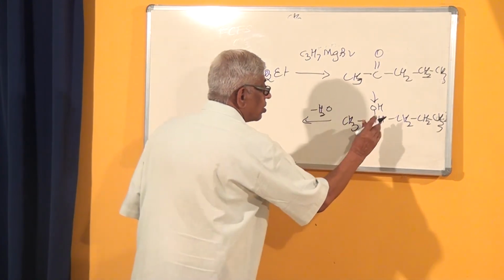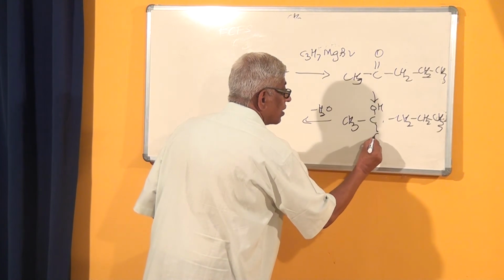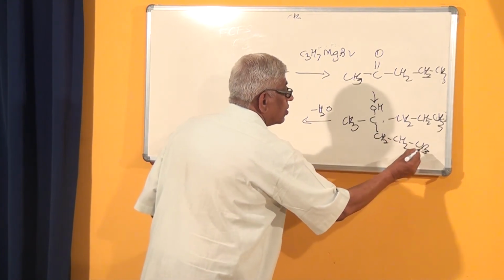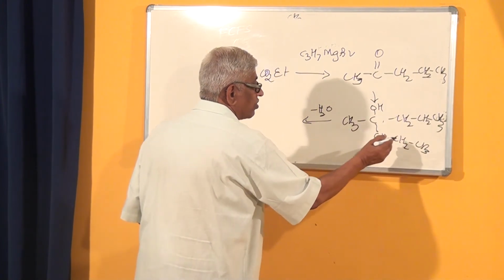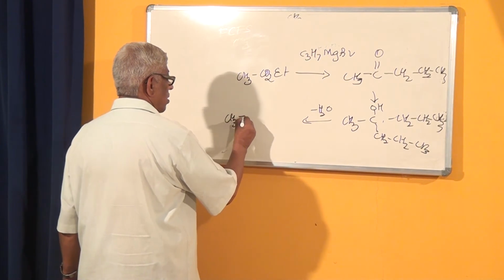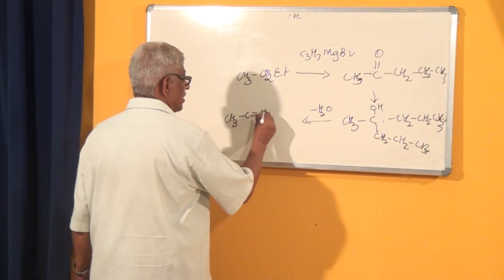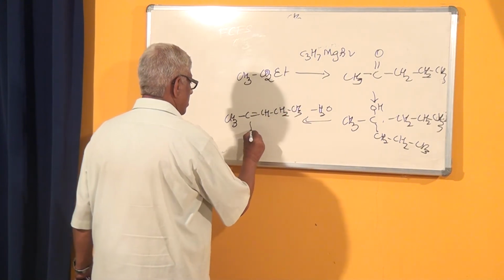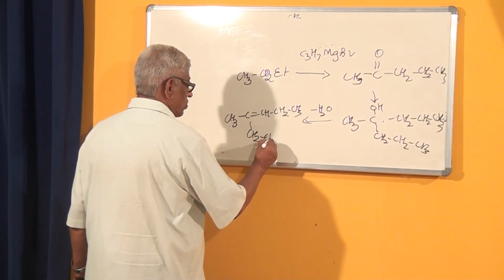One more: CH2, CH2, CH2, CH3. So 1, 2, 3, 4, 5, 6, 7. You end up with the heptane system now, having C double bond CH, CH2, CH3, and this is CH2, CH2, CH3.